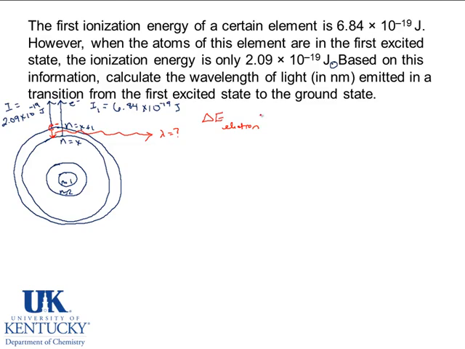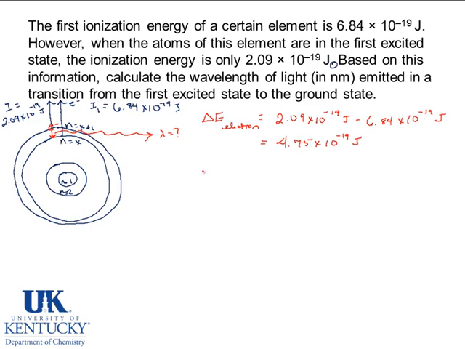The electron is relaxing down, so the change in energy is actually going to be final minus initial. So it would be 2.09 times 10 to the minus 19 joules minus 6.84 times 10 to the minus 19 joules, and that is equal to negative 4.75 times 10 to the minus 19 joules. So that's the change in energy of the electron as it goes from this to this.